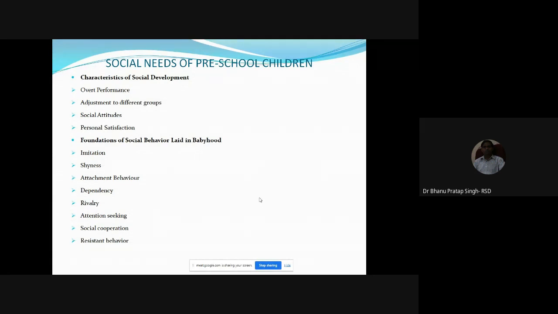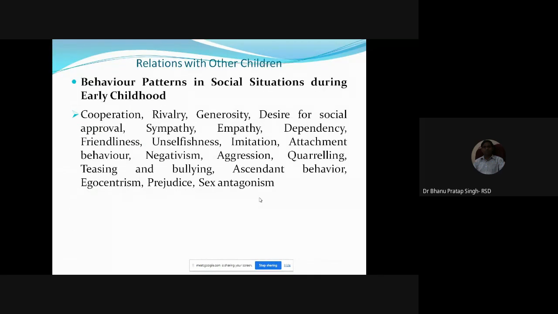And some social behavior seen in babyhood means imitation, shyness, attachment behavior, dependency, rivalry, attention seeking, social cooperation, and resistant behavior. These are the social characteristics and social behavior in babyhood.